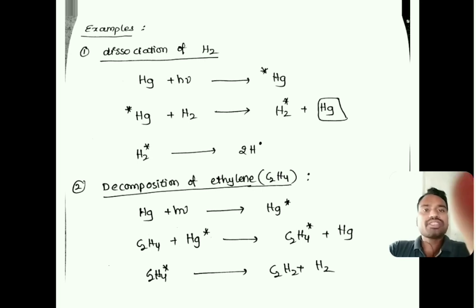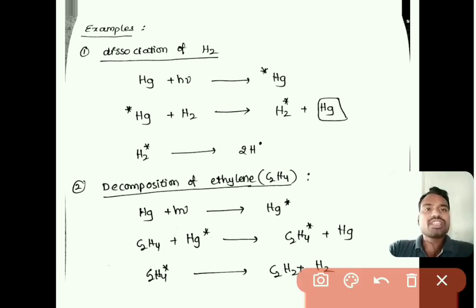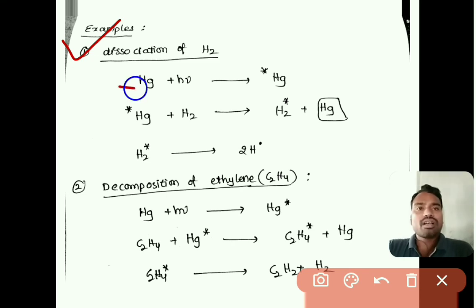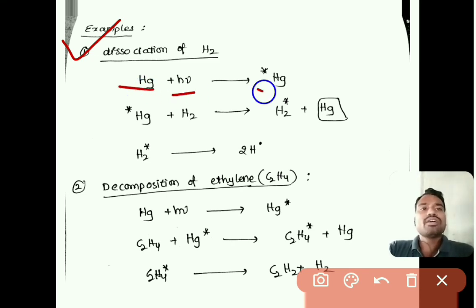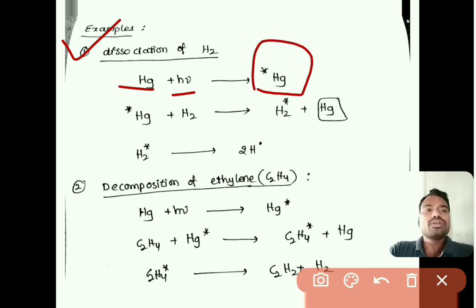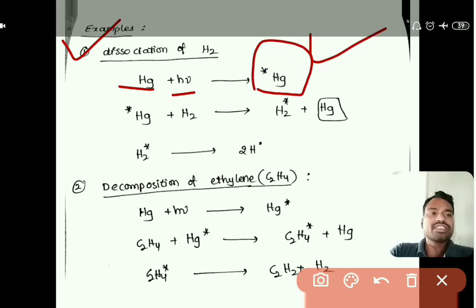So we'll see some examples of photosensitized reactions. One is the decomposition, or dissociation, of hydrogen. The hydrogen molecule will not directly absorb the light energy. Here mercury will absorb the energy and go to an excited state, that is the active species.